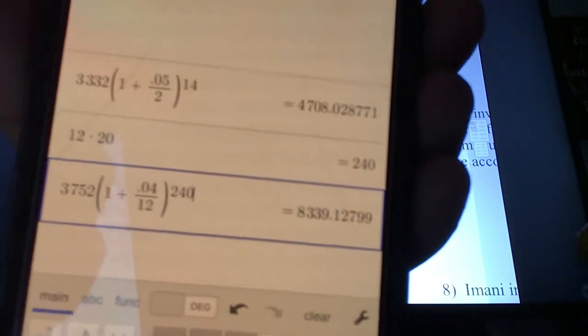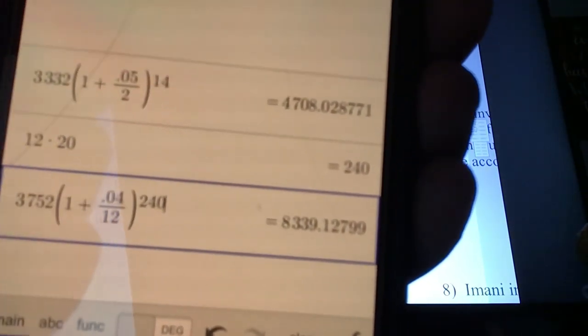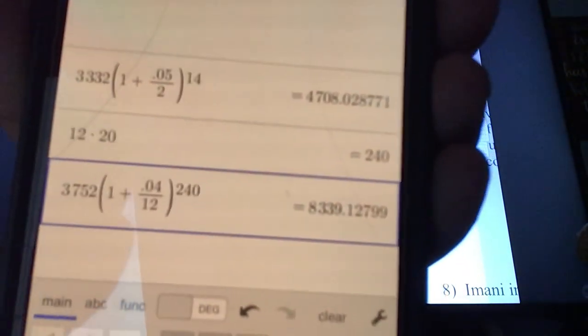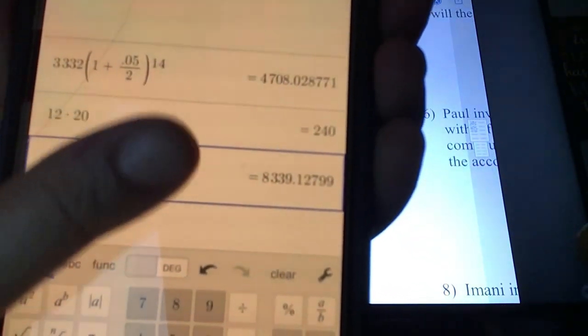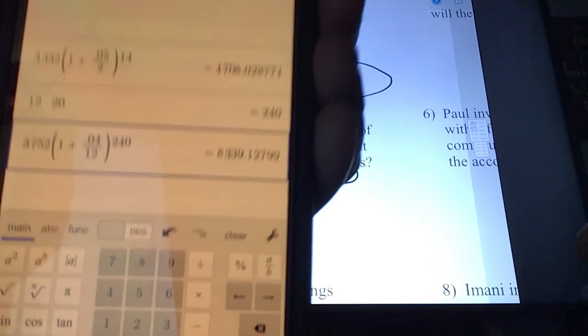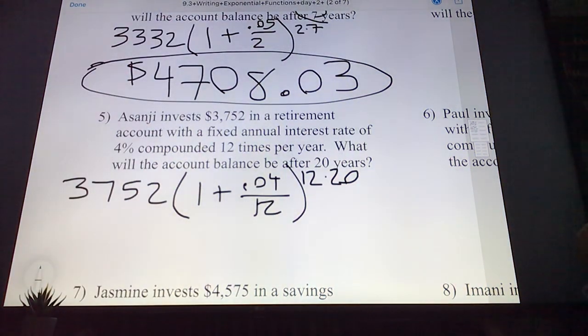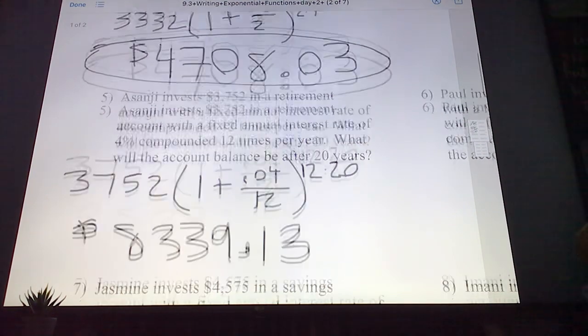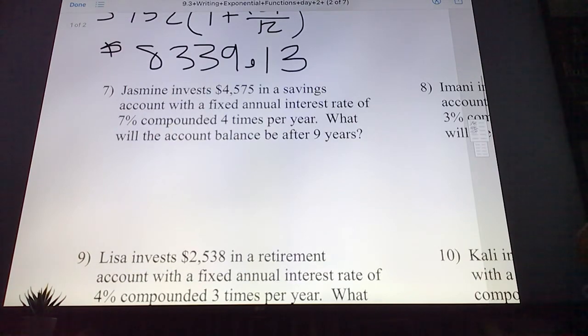That's how it should be looking on your calculator. Mine has to say the 240 because I can't do the 12 times 20, so you can see I did 12 times 20 on the step above and got 240, and then typed that into the formula. So I got 8339.13. And again, we're talking about money, so we should only be using those first 2 decimal places. Make sure that you're using that accordingly.